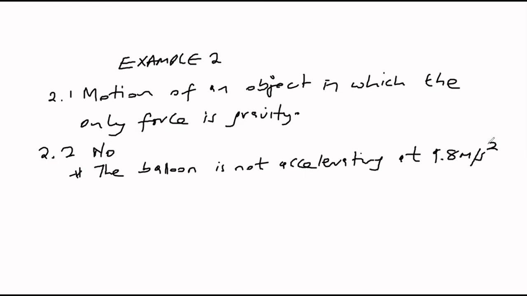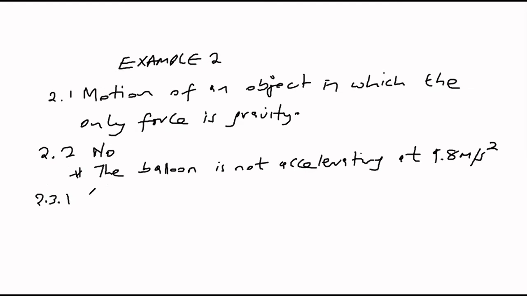2.3. Calculate the time taken by the ball to hit the ground. Okay, the object is dropped, but the balloon is moving downwards at 2 meters per second, and the ball is inside the balloon.